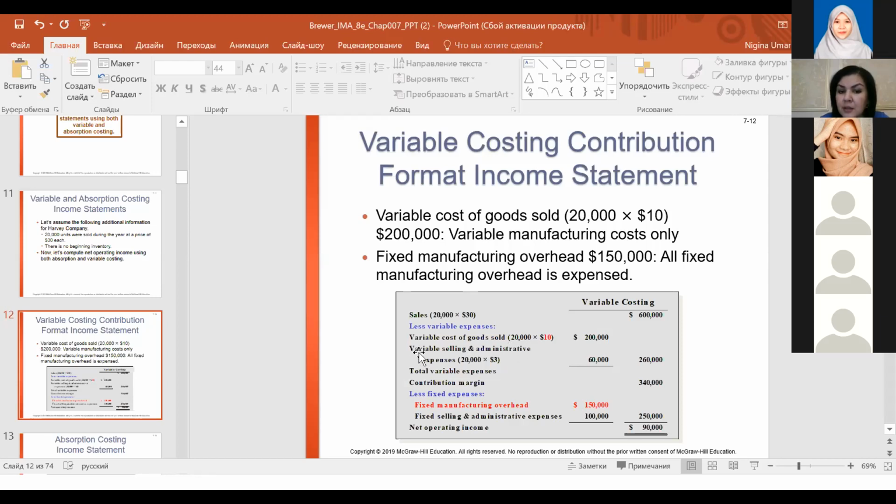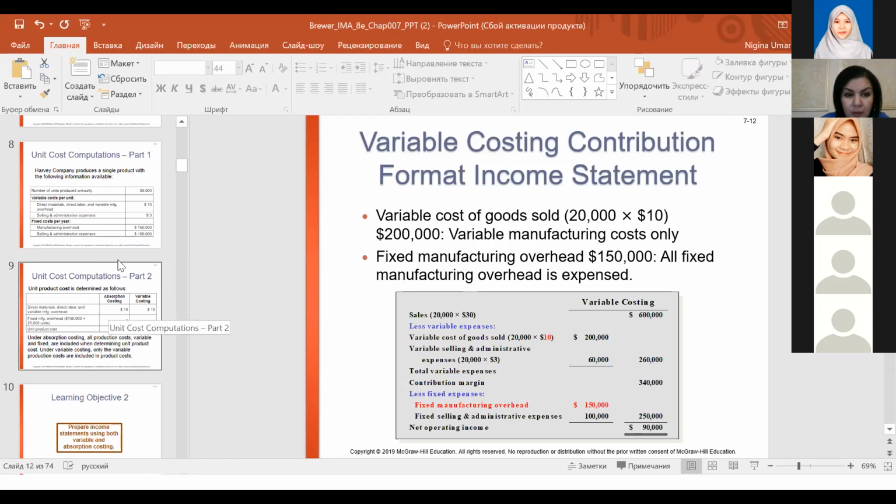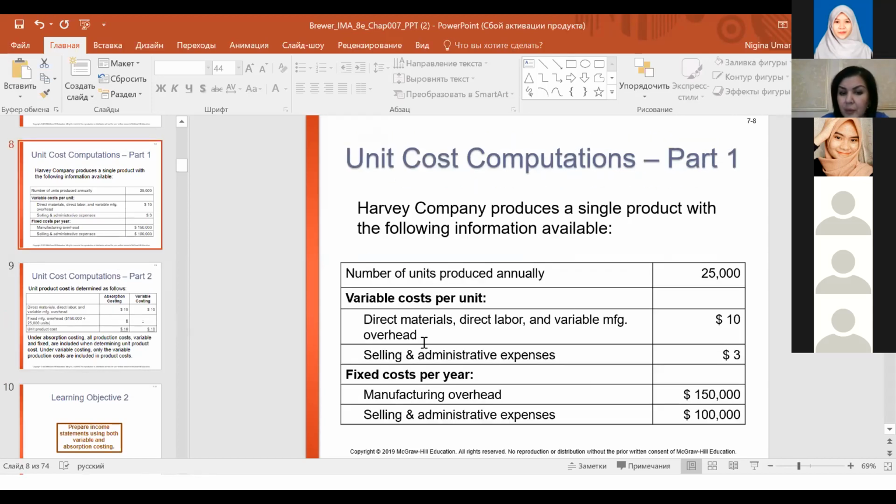Then we subtract variable selling and administrative expenses. So how many units did the company sell? 20,000. We multiply by 3. Look at this: variable selling and administrative expenses per unit is $3.